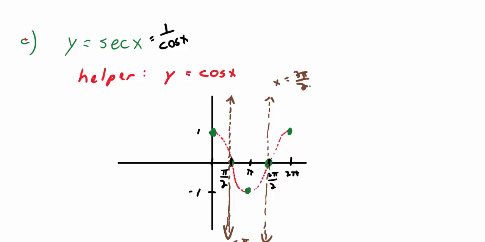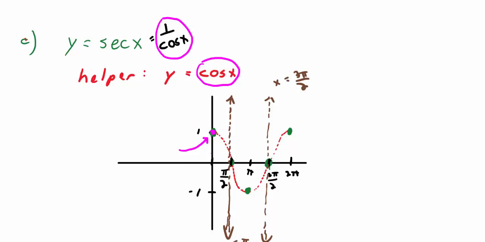And it turns out that if (0, 1) is on the graph of the cosine function, it's certainly on the graph of the reciprocal function, right? So this point's actually on the graph of the secant.